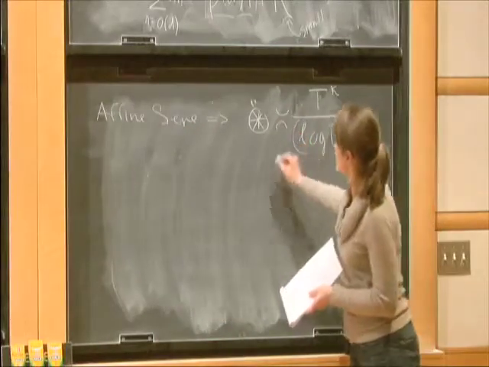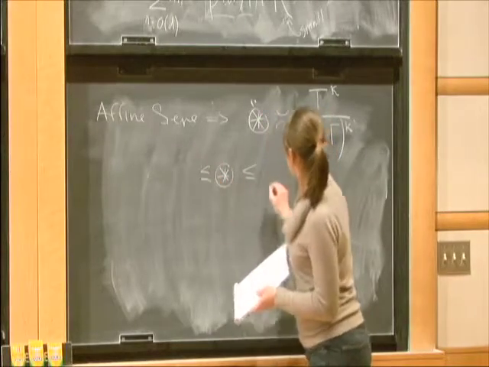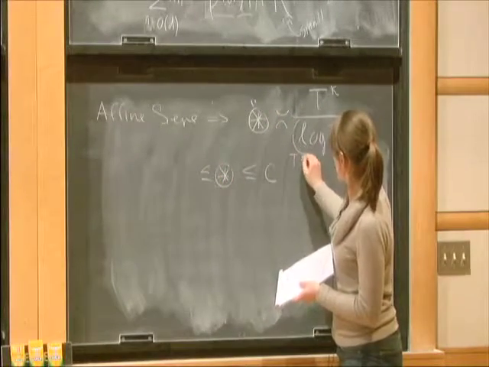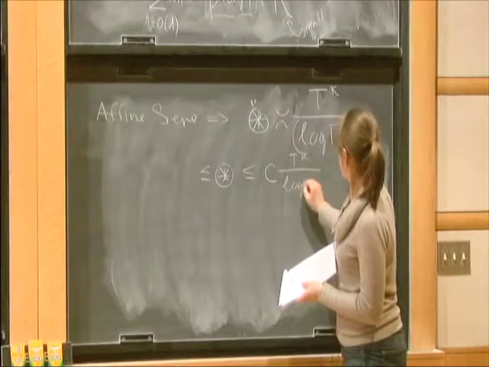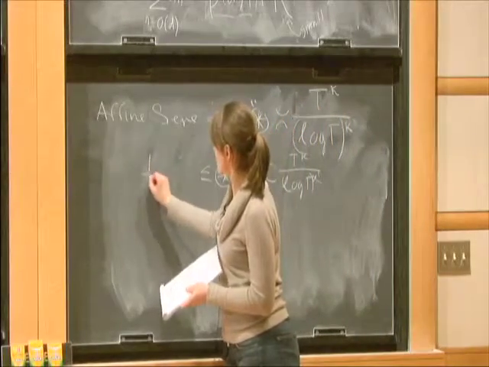Okay, and this just means that the star is less than or equal to c times this expression, and greater than or equal to 1 over c times that expression.